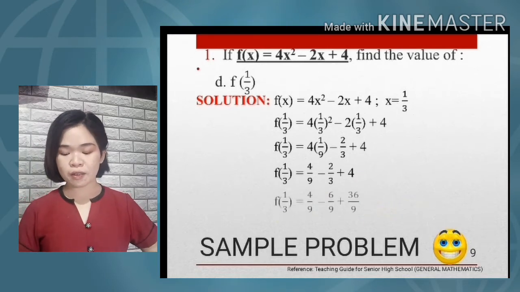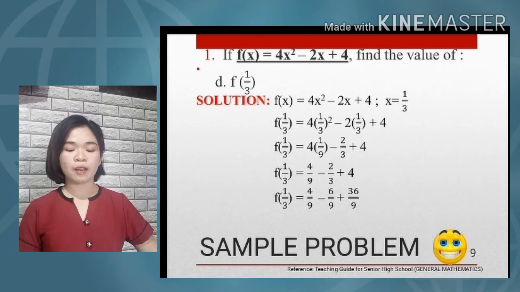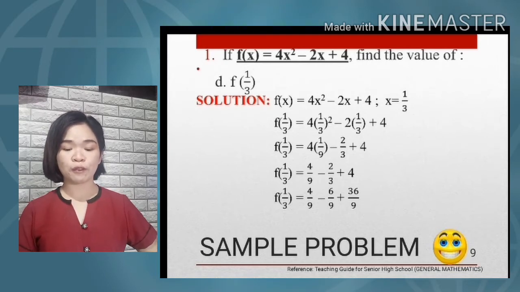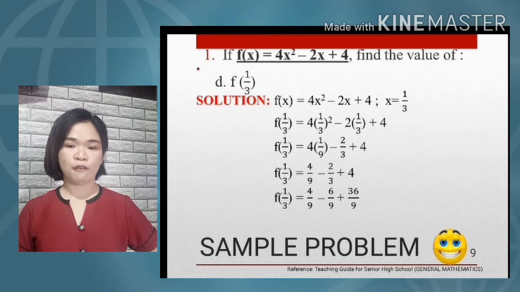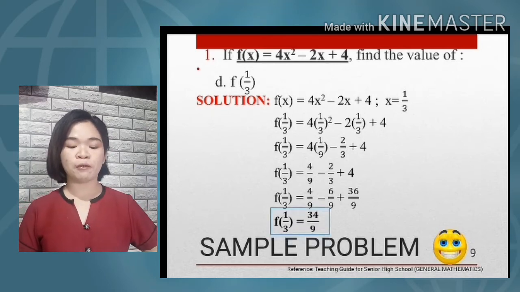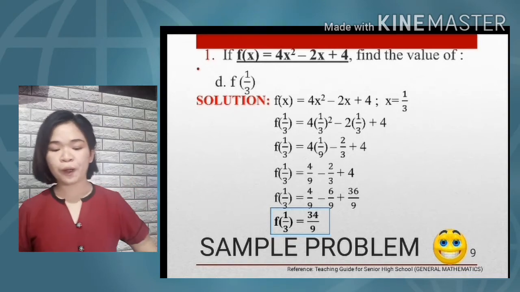Since we have the same denominator, we can add the numerators. So that will be 4 minus 6 is negative 2 plus 36, that is equal to 34. Therefore, f of 1 over 3 is equal to 34 over 9. Okay?